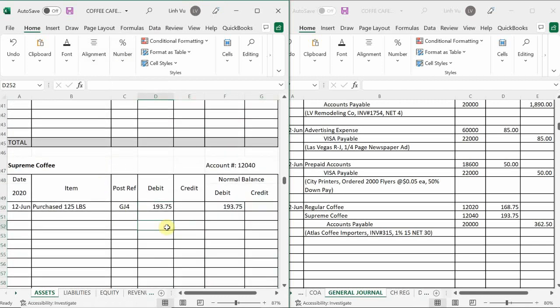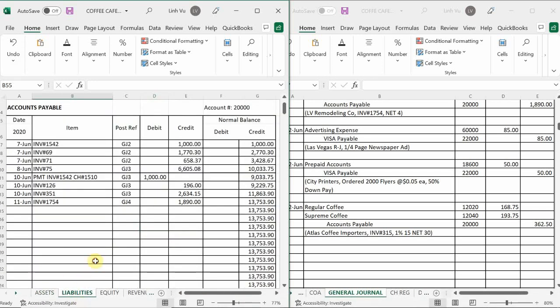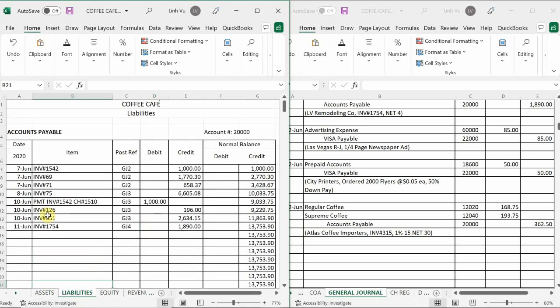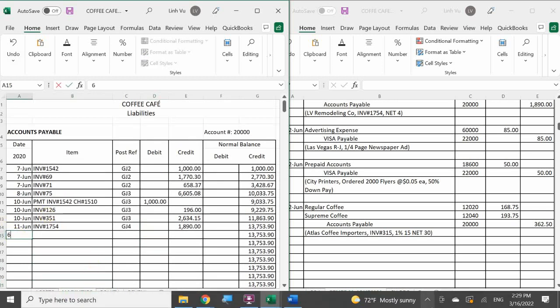Okay. Last but not least, since we end up owing Atlas Coffee some money here, right? We need to record it into our liabilities accounts payable under invoice number 315.